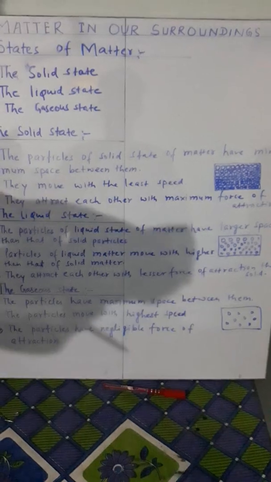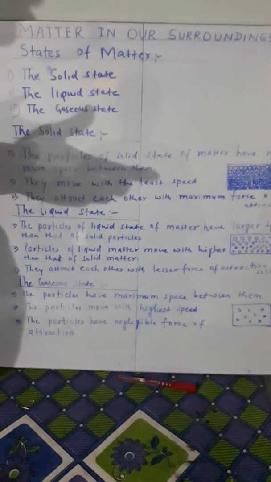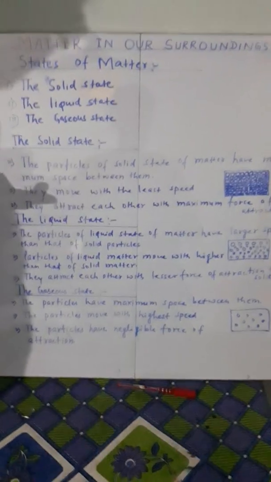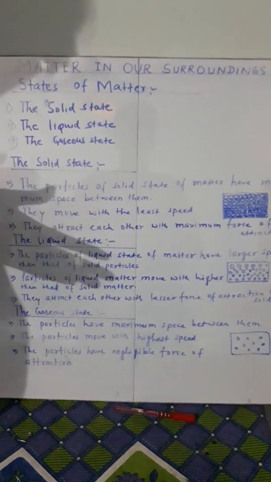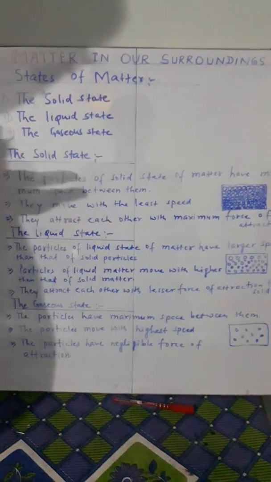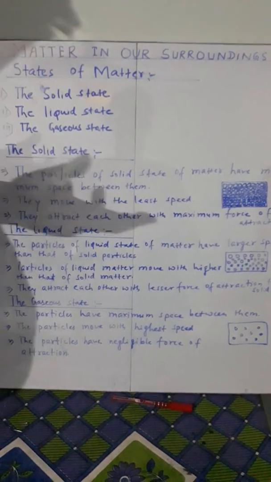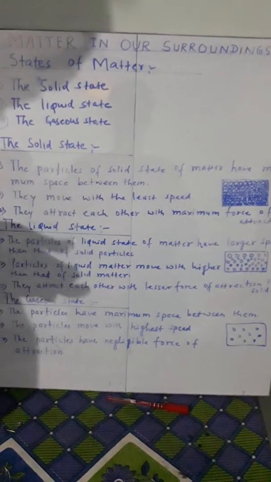Similarly, gases also diffuse. In nature, we know the examples of oxygen gas and carbon dioxide gas. These gases get diffused in water, and that's why aquatic animals like fishes and frogs are able to live in water.